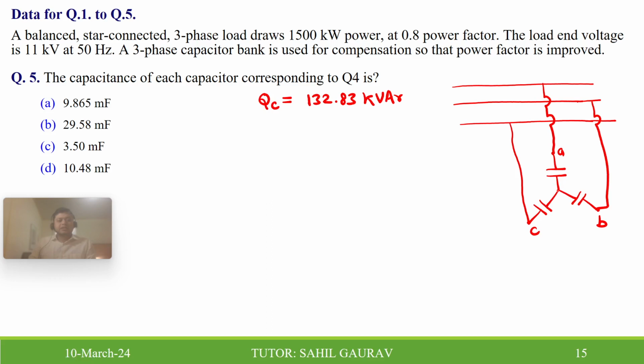So across each capacitor we can see the phase voltage appear, so we have to do the simplification for the phase voltage.